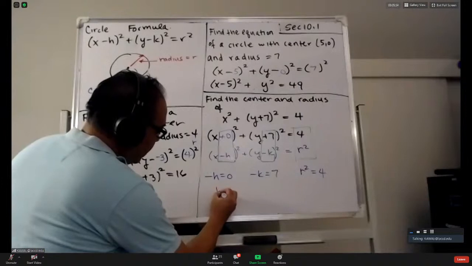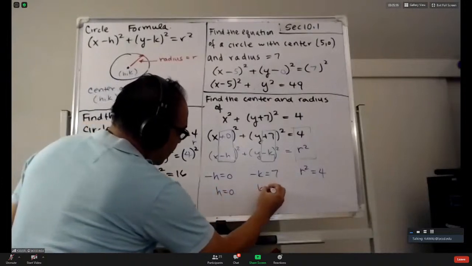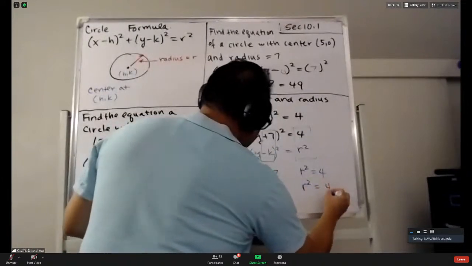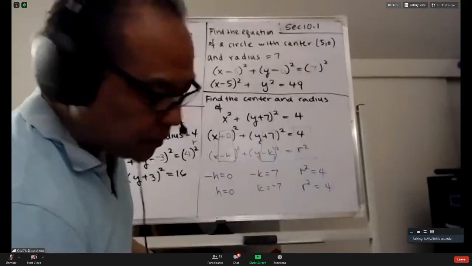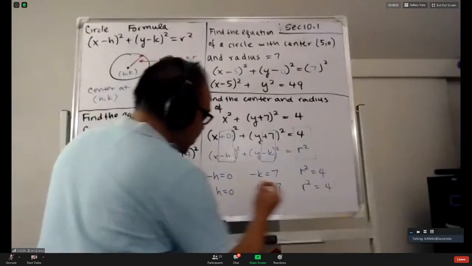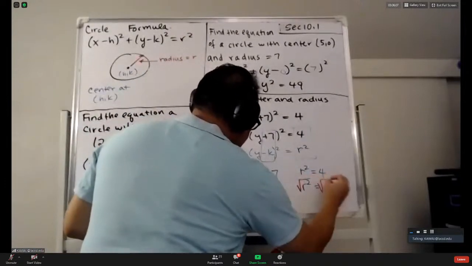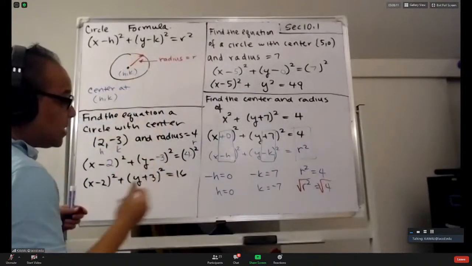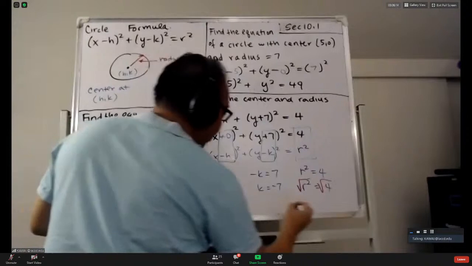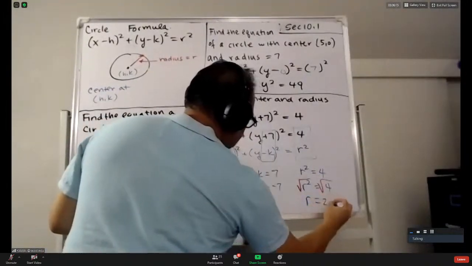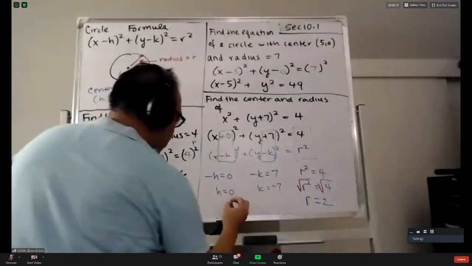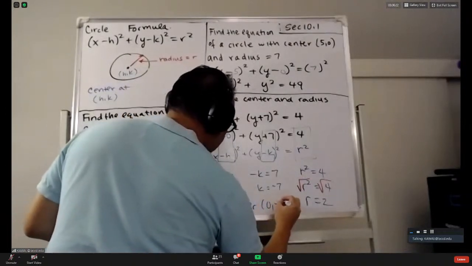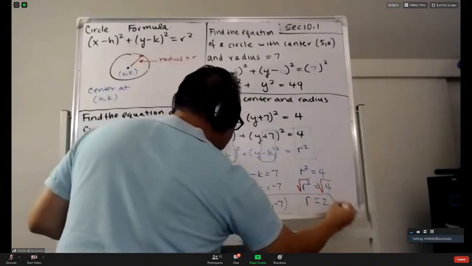So then I have h is equal to 0, k is equal to -7, and if I square root both sides, now remember, we're not doing plus or minus because radius is a distance, right? It is how far I am from the center to the edge. Since that's a distance, we only care about the positive value. So my center is 0, comma -7, and then that's my radius.